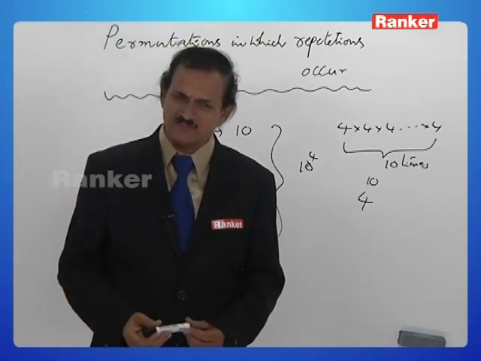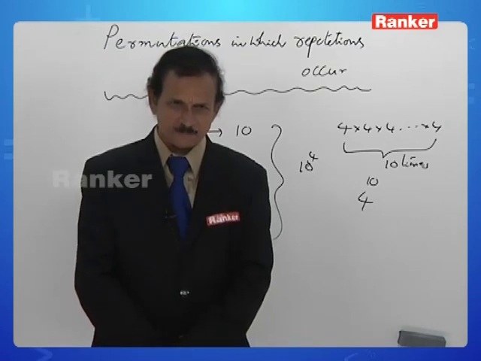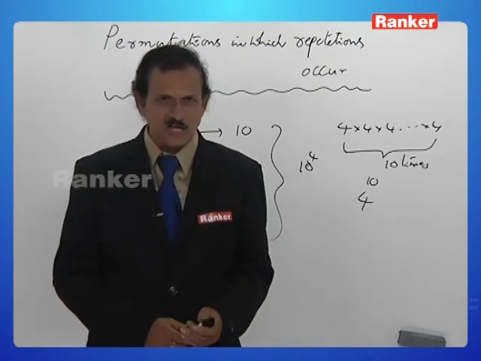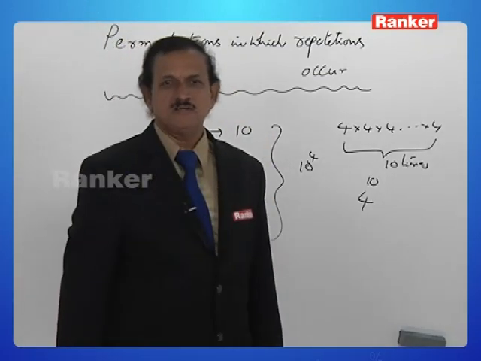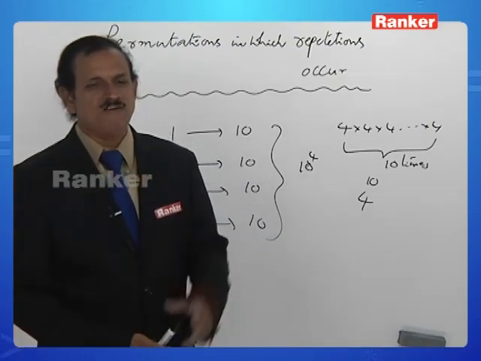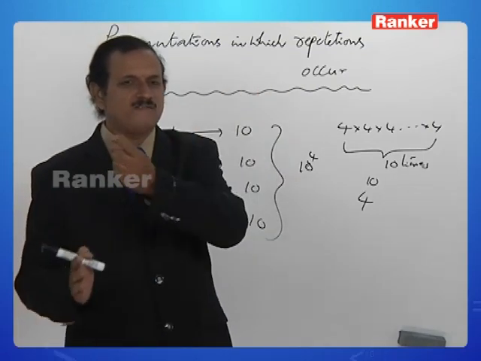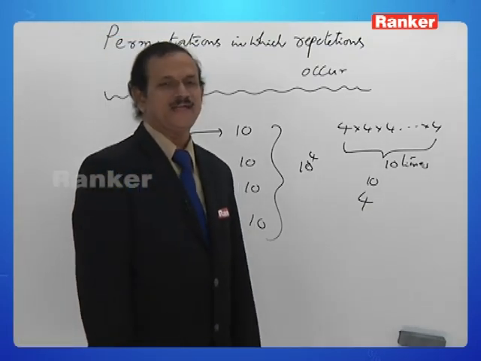What is the number of things undergoing distribution? Rings or fingers? Rings. Are you arranging rings? No, the rings have been arranged. So, first ring, 4 ways, second ring, 4 ways, third ring, 4 ways, like that. What is the answer? 4 power 8.